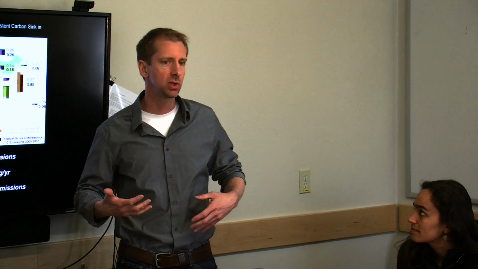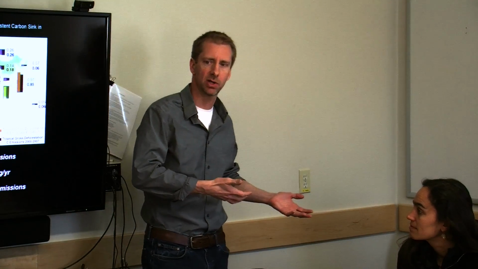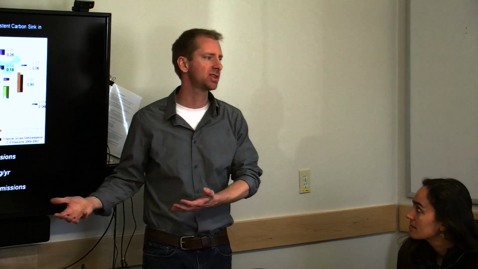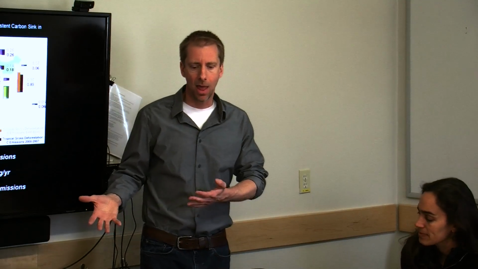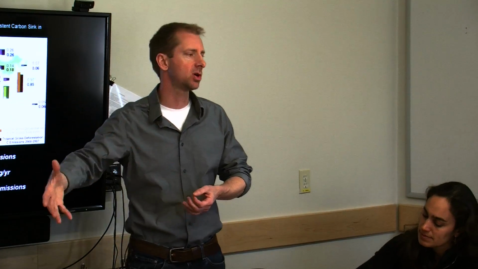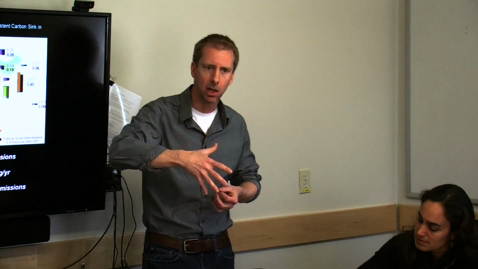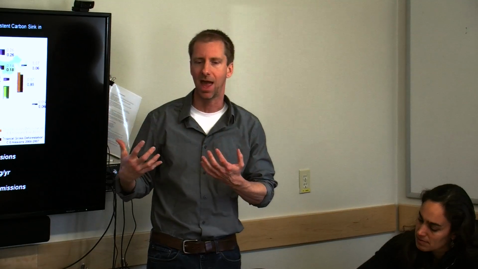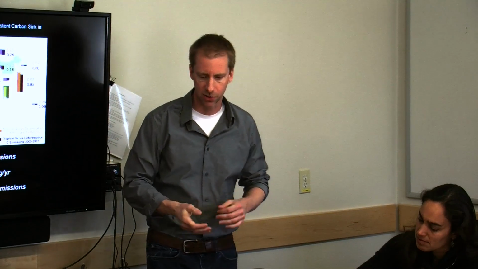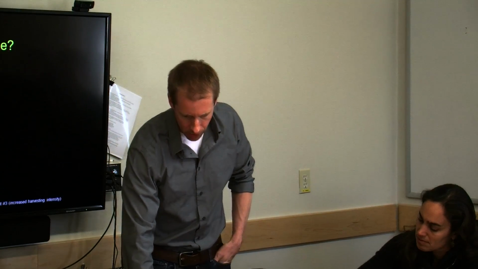So ways in which we can actively manage forests to enhance their capacity as a carbon sink. And that's where this debate from the forest science literature really comes in. Okay, what is the best way to actively manage forests as a carbon sink? That's really what I'm going to address in the talk today.